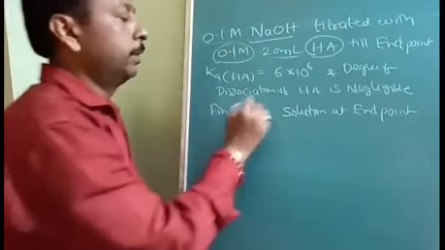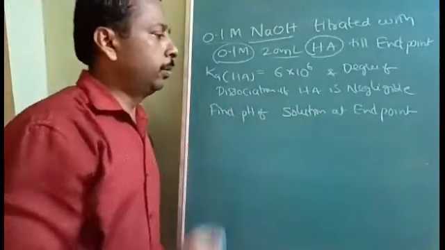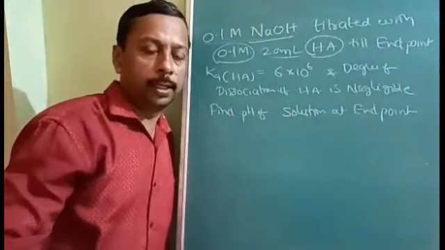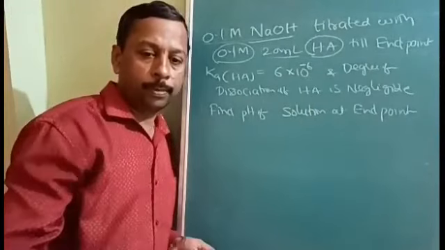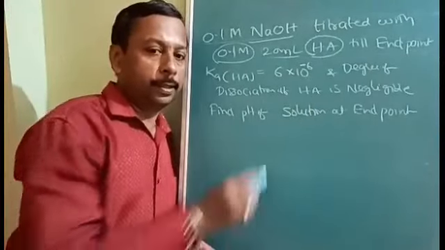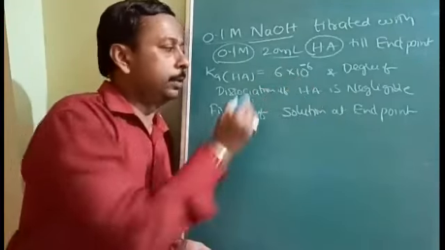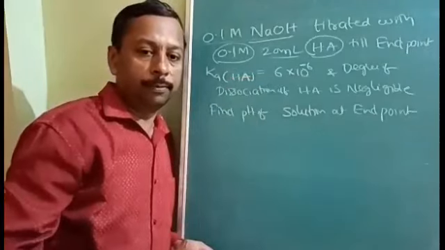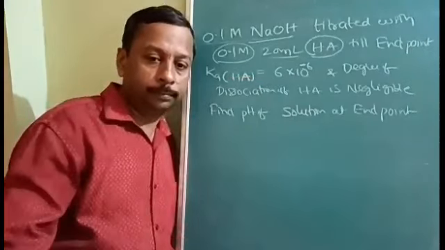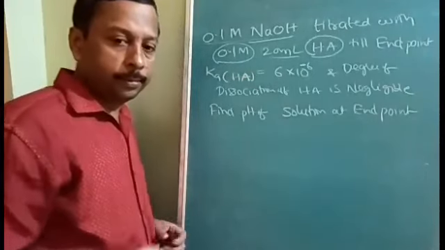If the degree of dissociation of HA is negligible, then find out pH of solution at the end point. Minor correction: Ka of HA is 6 into 10 to the power of minus 6. So I am explaining here. Listen carefully.